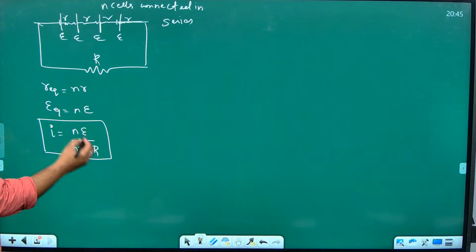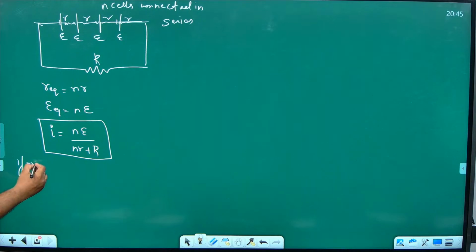Now, there are two possibilities. One possibility is, if nr is much more than R, that is, total internal resistance is much higher than the external resistance. What happens then? Let us see. Then I will become equal to, R can be neglected because it is much smaller. So, I can write nE by nr, and n gets cancelled.